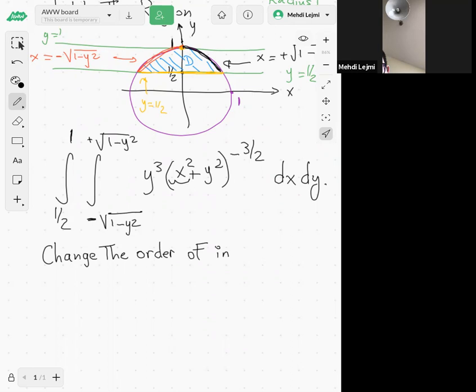Let me show you how it works when you change the order of integration. Now you start with x, so x is supposed to be between two constants.